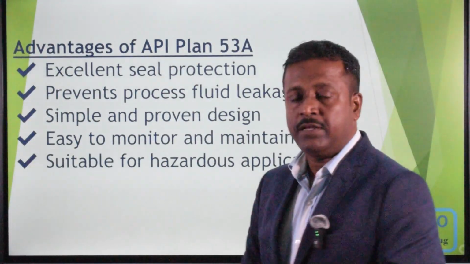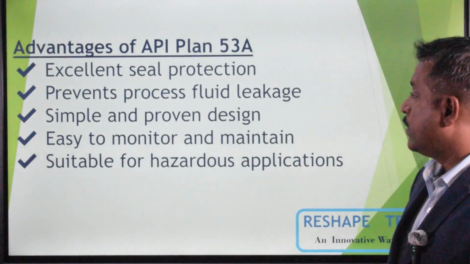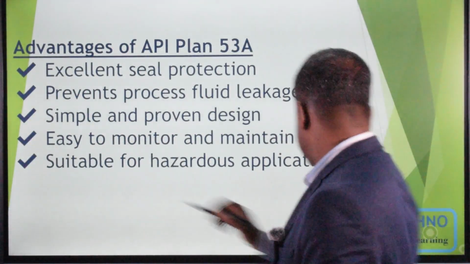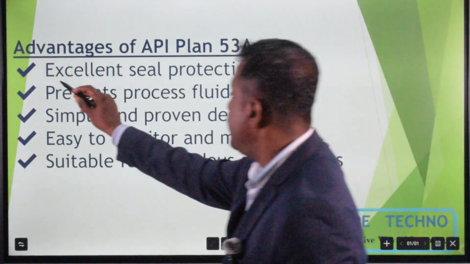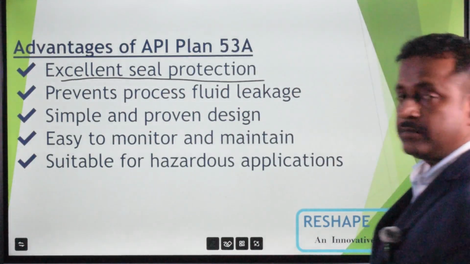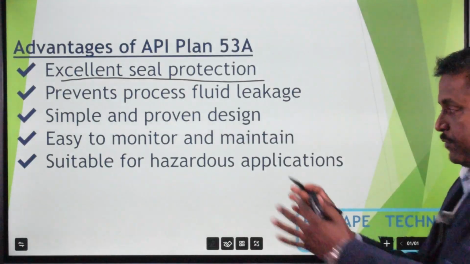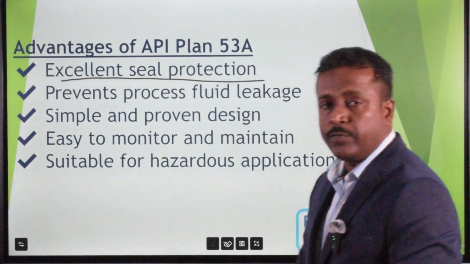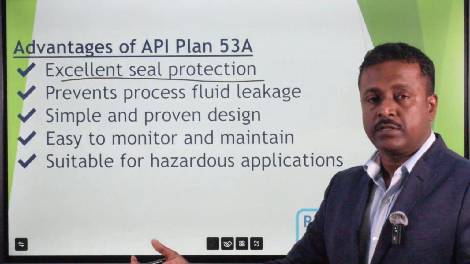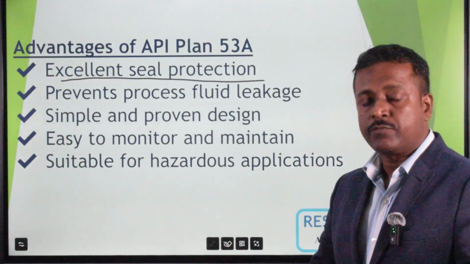Now, advantages of API seal flushing plan 53A. What are the main advantages? Excellent seal protection. That means if your seals start leaking, there is no chance of hazardous or toxic pumping liquid coming out from the pump.